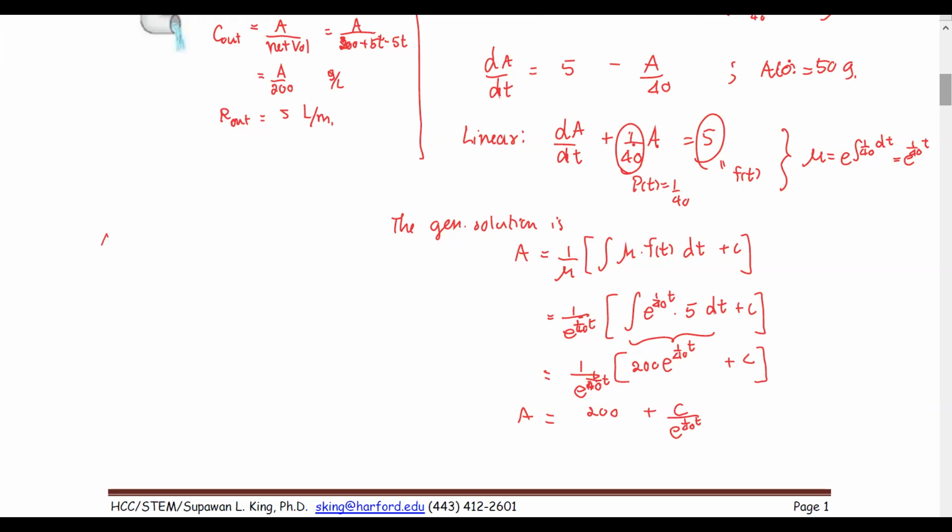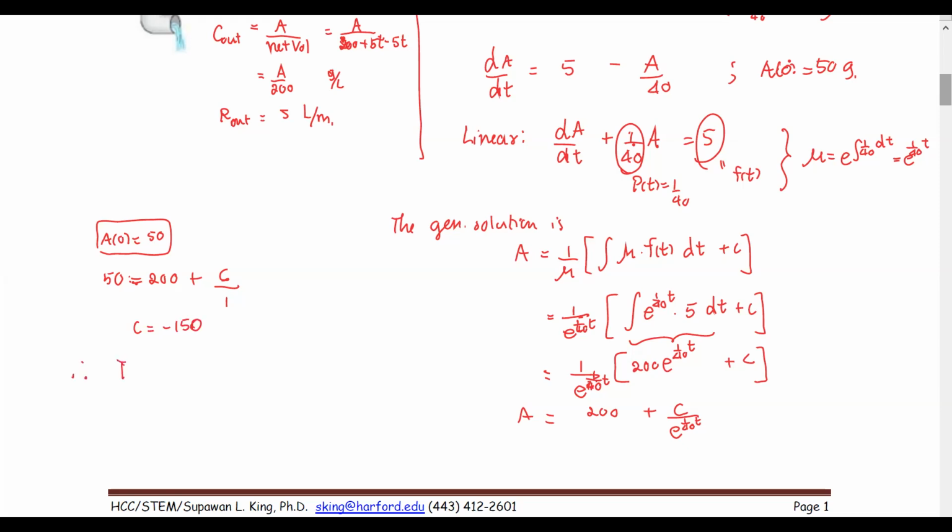From the initial condition A(0) equals 50, find c. So 50 equals 200 plus c over e to the power 0, which is 1. Therefore, c is negative 150.